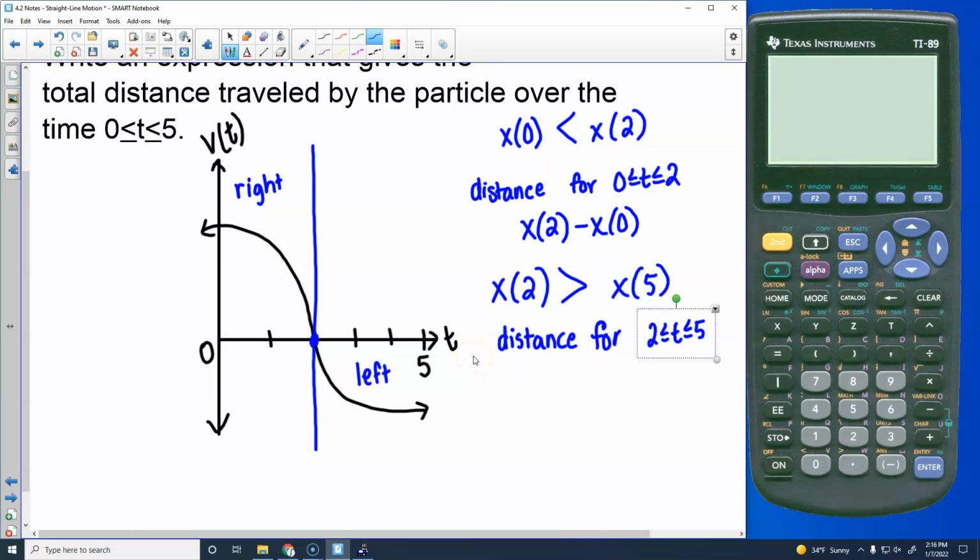So if I want to know how far I travel from here to here, x of 2 has to be first. It's the bigger number. So I would have x of 2 minus x of 5.